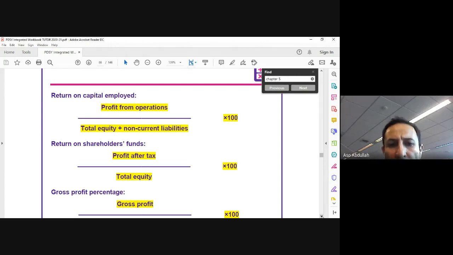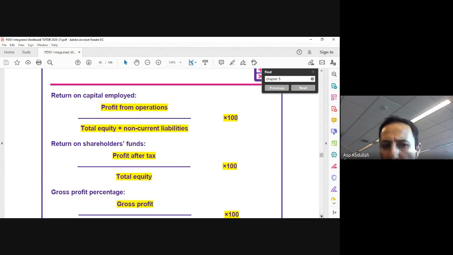These two figures we can find from the statement of financial position. So in the exam, you will have two statements, the statement of profit and loss and the statement of financial position, and you have to calculate these.